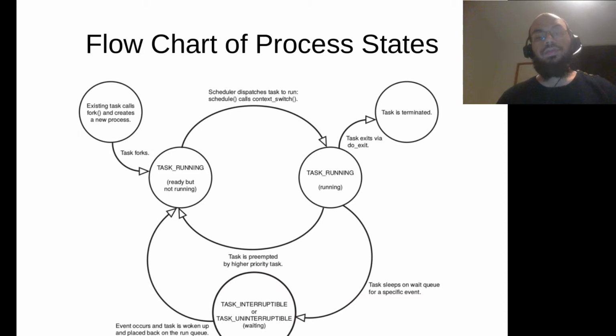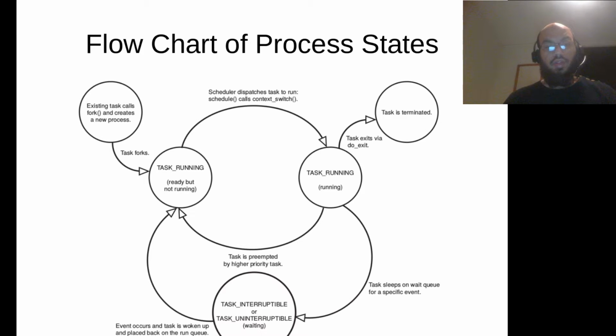Then the task sleeps on some wait queue for a specific event. You wait there in the wait queue, and there are two flags that control what triggers you to leave your waiting: TASK_INTERRUPTIBLE and TASK_UNINTERRUPTIBLE, and we are going to discuss them in the next two slides.